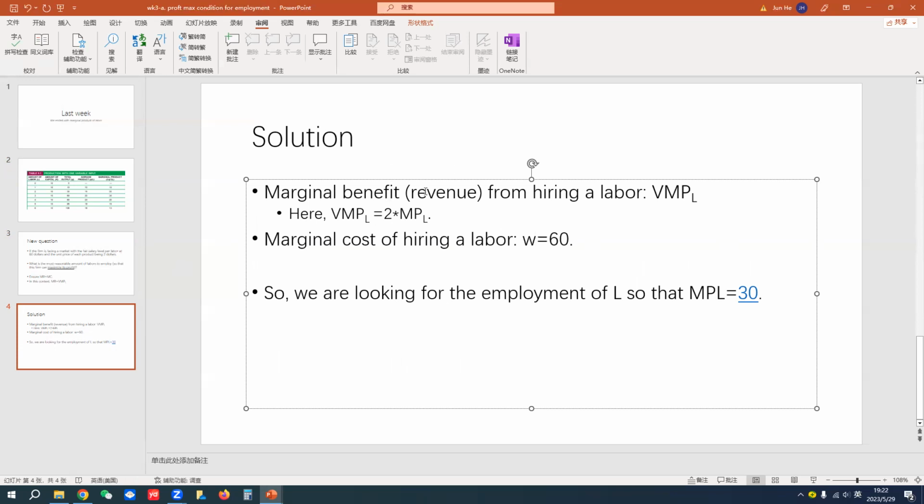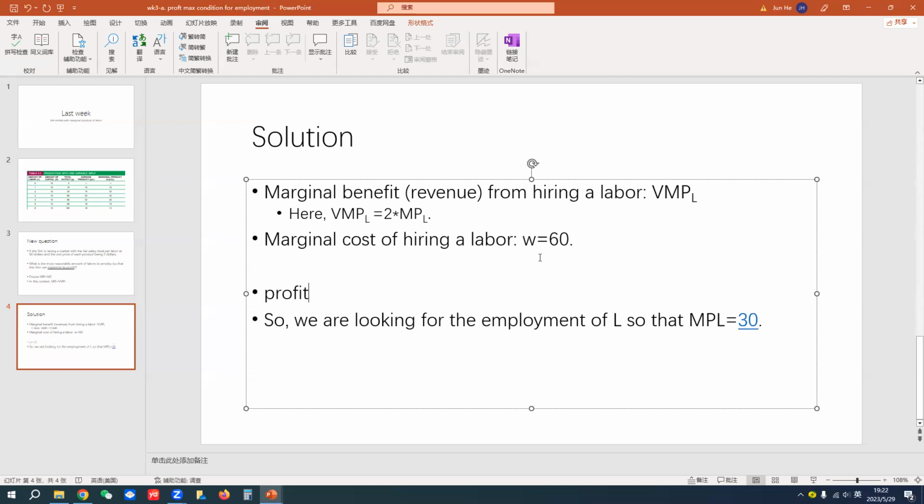Marginal revenue is value of marginal product, which is here, the unit price times marginal product, and the unit price is 2. Okay, therefore, when the profit is maximized, marginal revenue equals marginal cost.